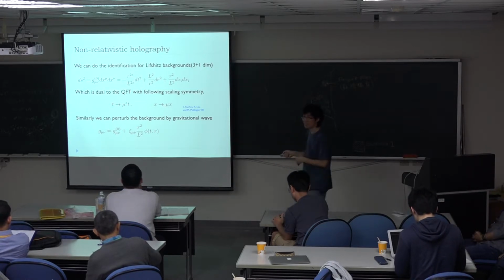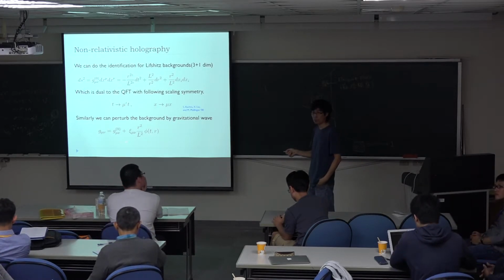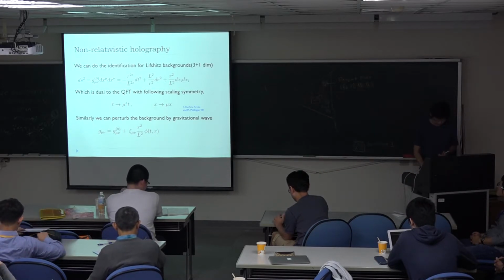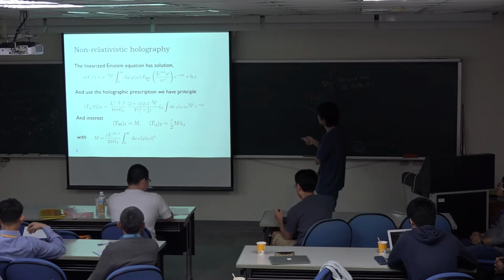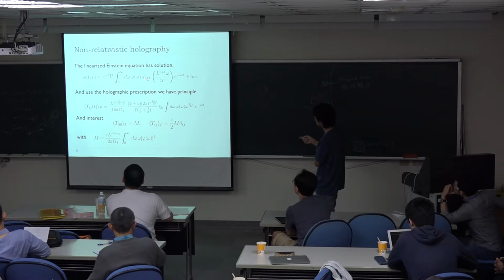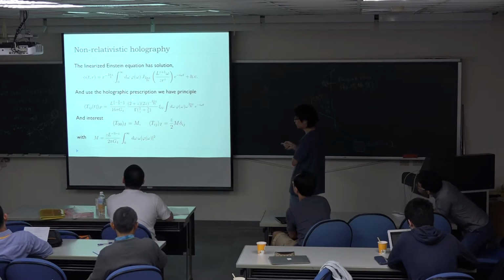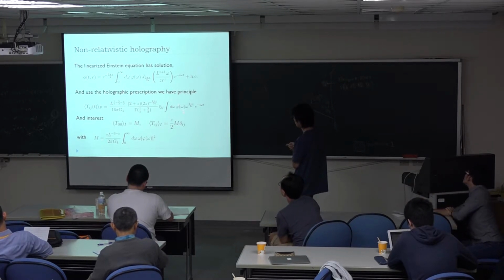Okay, so you play the same game as before. You can perturb this background by the gravitational wave, and you can also calculate the energy-momentum tensor. It's very similar to the AdS case. You get this gravitational wave solution, just with some parameters changed which depend on z, the Lifshitz scaling, and you can use the same prescription to calculate the energy-momentum tensor.